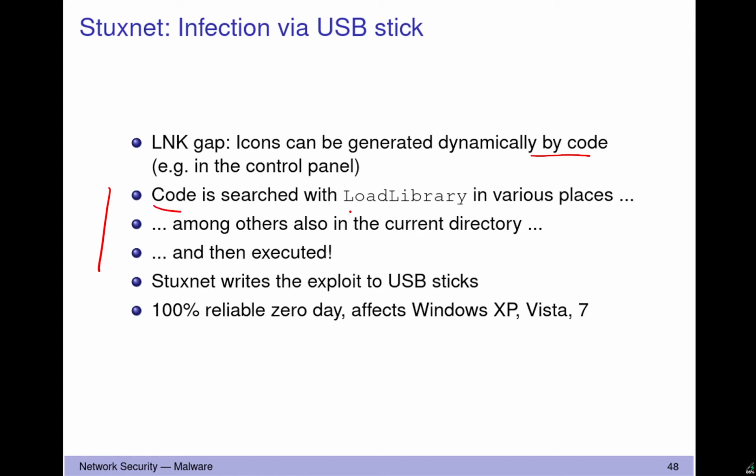The code is searched for in various places, among them the current directory, and then executed. So if Windows finds a description on the USB stick that describes how to visualize the icons in Windows Explorer, it just runs that code.